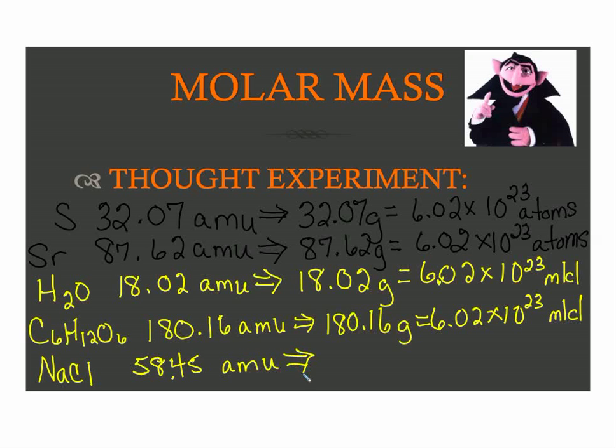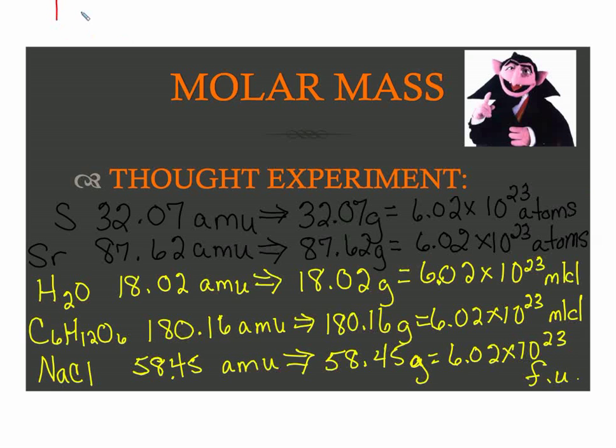And again, if I took that number and made it grams instead, now I'd have grams. If I counted, I'd have 6.02 times 10 to the 23rd formula units. It doesn't matter whether I'm counting atoms or molecules or formula units. I get the same number.